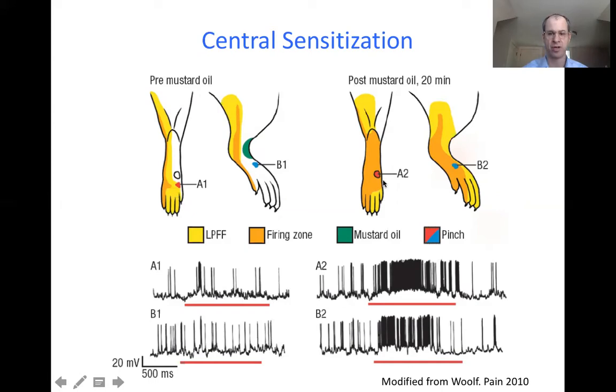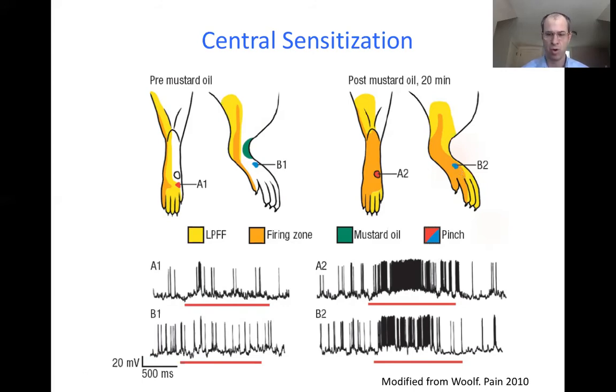However, after mustard oil treatment, in the setting of this early central sensitization, there's not only a marked increase in the firing within that region, but if you go to a separate region that initially was outside of the firing range of that particular neuron, there's now marked activation.